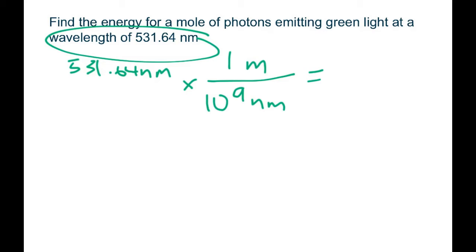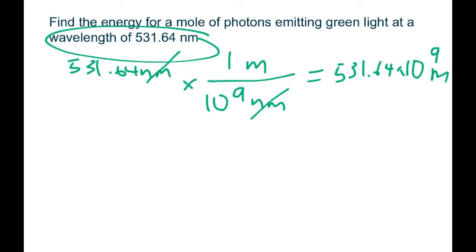And remember, this is part of the prefixes that you were supposed to memorize, and it counts out the nanometers, and you get 531.64 times 10 to the negative 9 meters.